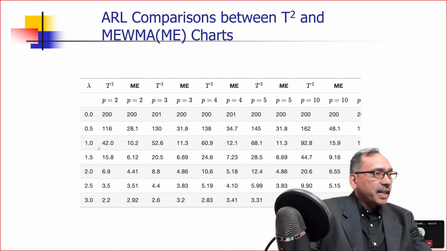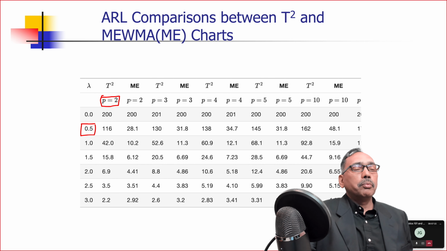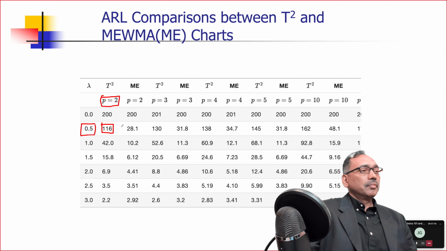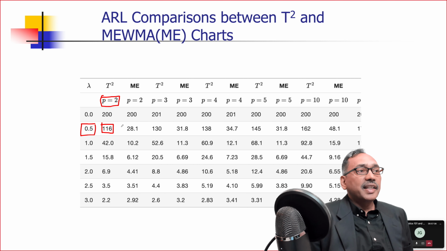If you consider, for example, lambda 0.5, the smaller shift, on the T-square chart, if you have two variables, if you are monitoring two quality characteristics or variables, it will take 116 runs to catch the shift.